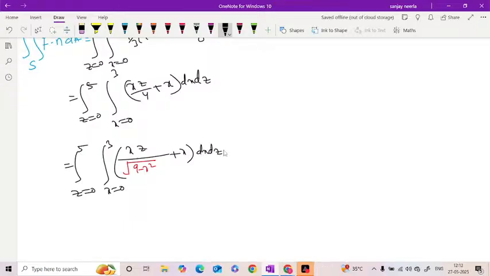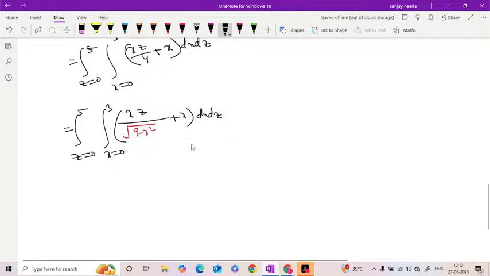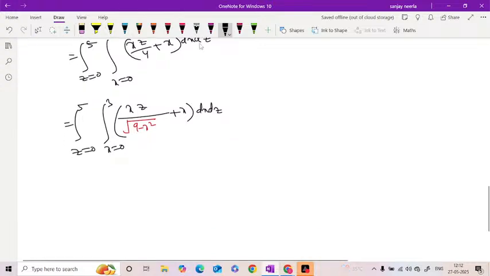Now we can do the normal integration. In the previous one, we were splitting into two single integrals, but here we cannot split because it is a combination. So first you have to evaluate x then z, or you can evaluate first z then x, that is your choice. Anyway, here I am evaluating x first.